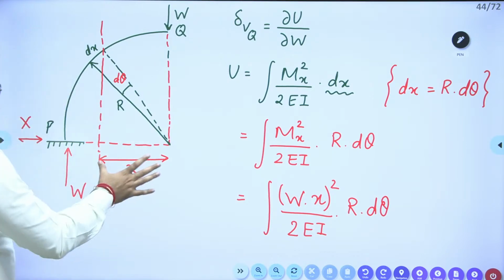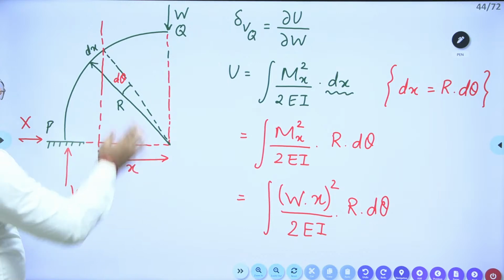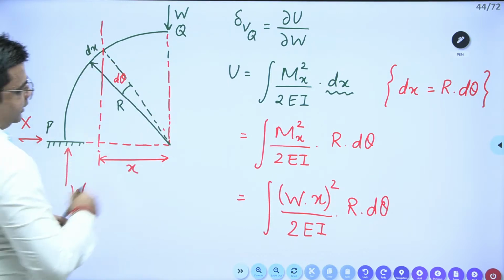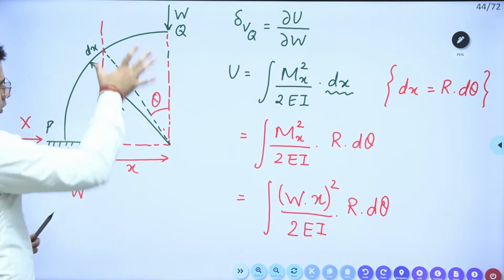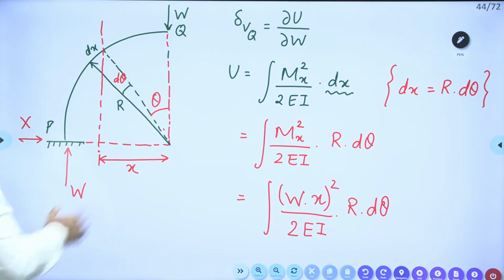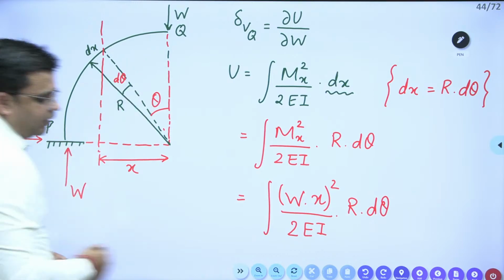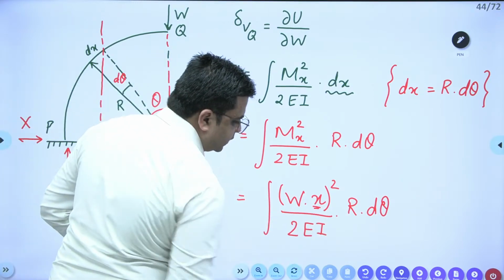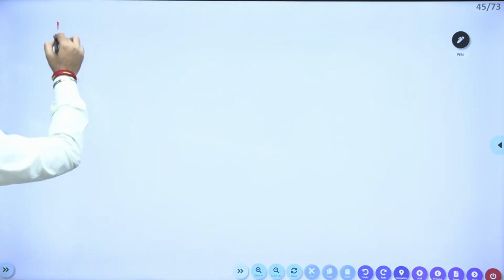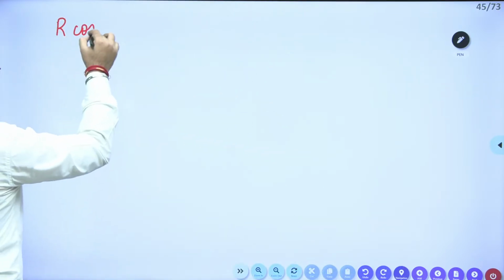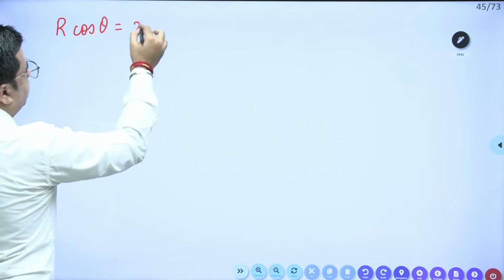So this x is equal to r, and this is my theta. So r cos theta will be equal to my x.